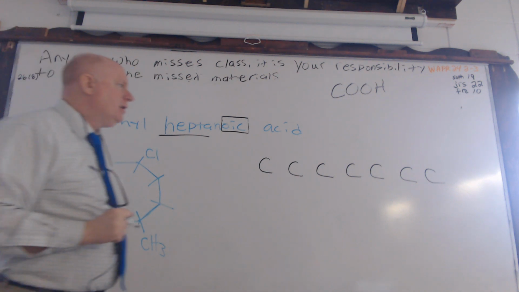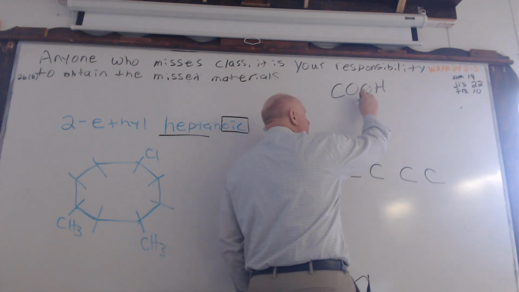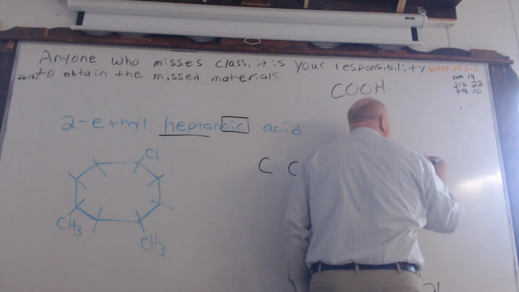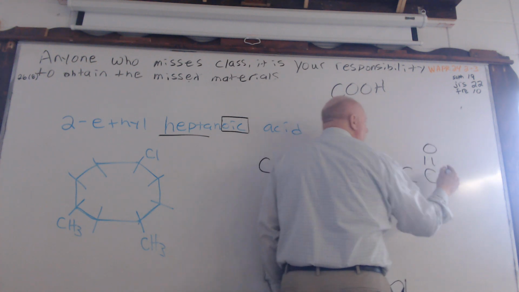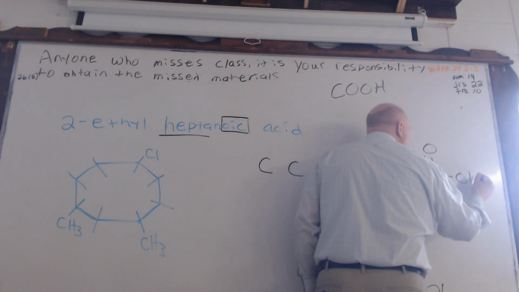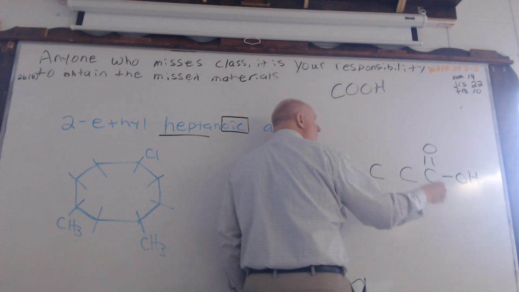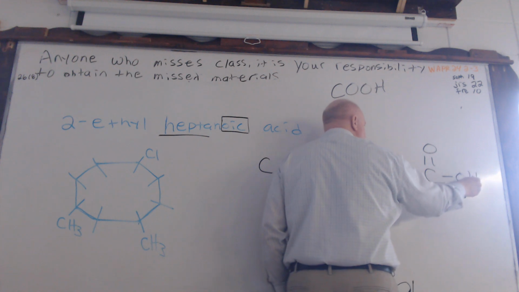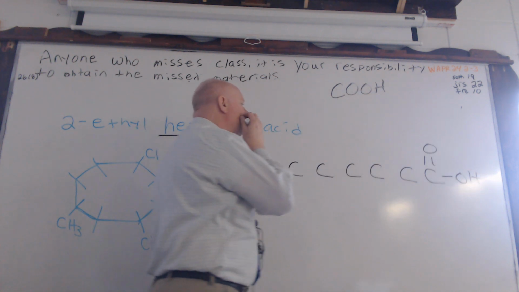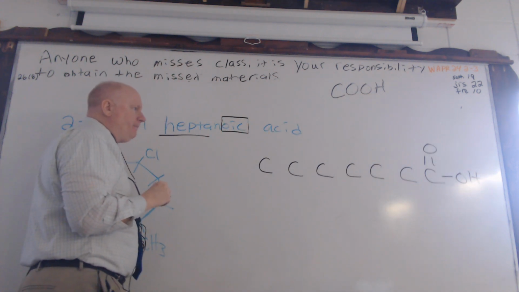Okay, so then on our right side, we're going to put this structure here. Here is our double bonded oxygen, like number 16 shows you. And then here is your OH. So that's where this terminology comes from, COOH. So now we know we're dealing with an acid.